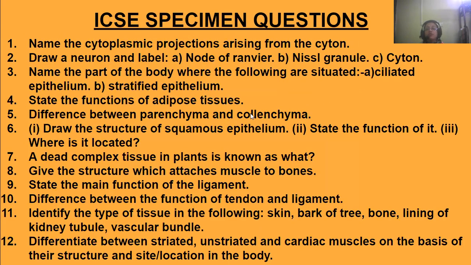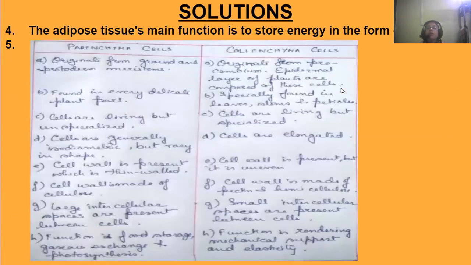Next question is the difference between parenchyma and collenchyma. The parenchyma cells originate from the ground and protoderm meristems, whereas it is also a meristematic tissue. The collenchyma cells originate from procambium.